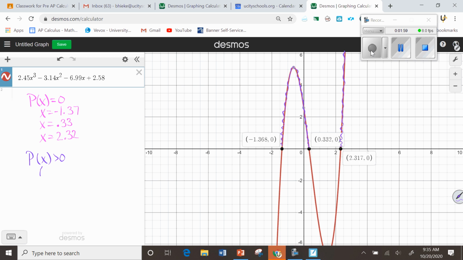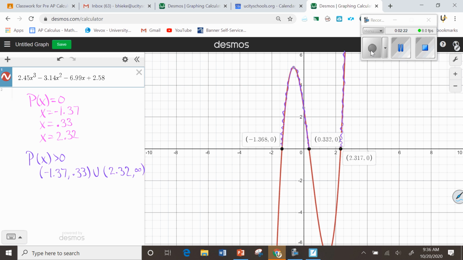So we have between negative 1.37 and 0.33. And then we also have from 2.32 onto infinity. Keep in mind, these are always domain numbers. We're saying over what domain is the function above and below the axis.